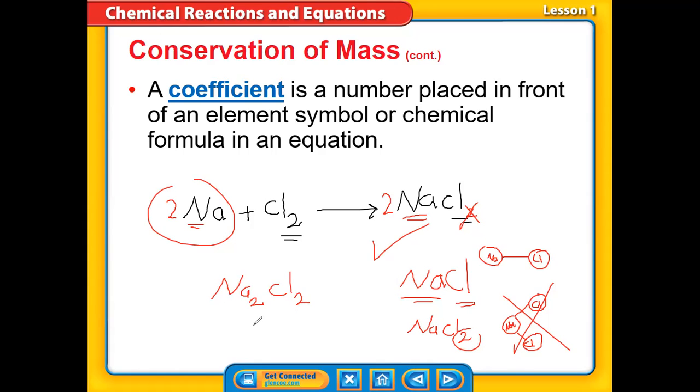We said that the chemical formula must be in the simplest form, so it will be NaCl. Do you get the idea? It must be in the simplest form. It's like when we say 2 plus 4, that's the same as saying 1 plus 2. That's the simplest form. Good idea?